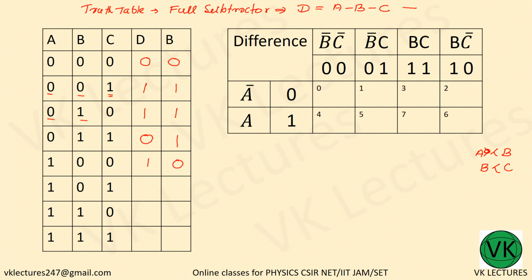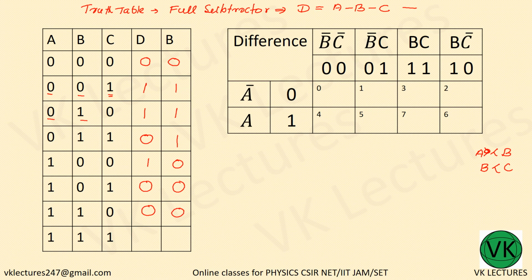Then 1 0 1: 1 minus 0 is 1, then again minus 1, which is 0. And what about borrow? There is no borrow. 1 1 0, the difference is 0. Again there is no need of borrowing.